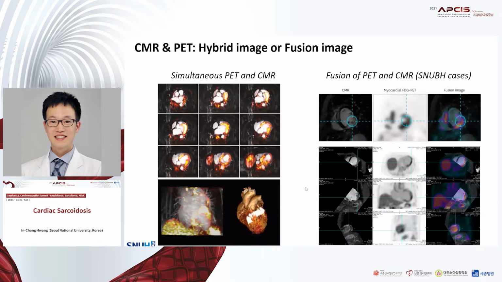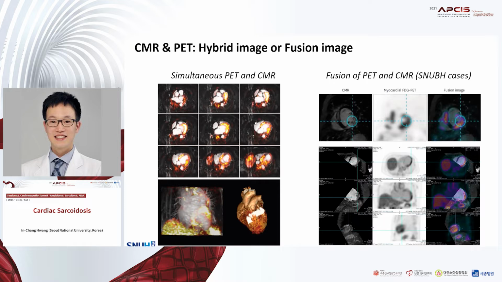Cardiac MR provides high-resolution images, and it shows the myocardial fibrosis but not disease activity. Instead, the PET scan shows the disease activity, but its resolution is not good enough. So some institutions tried simultaneous PET scan and cardiac MR, which shows these hybrid images.